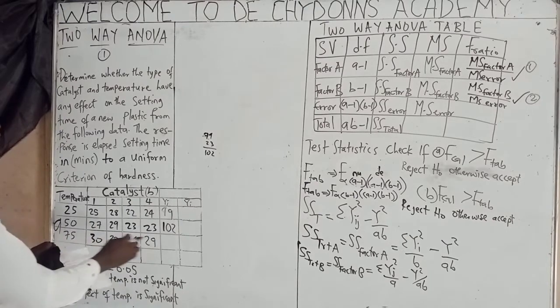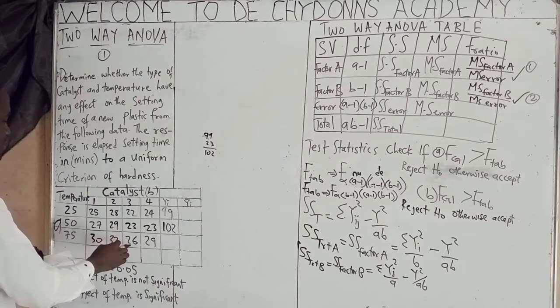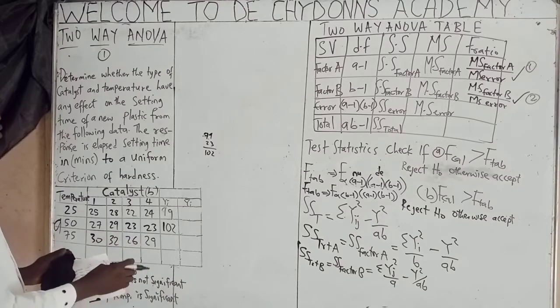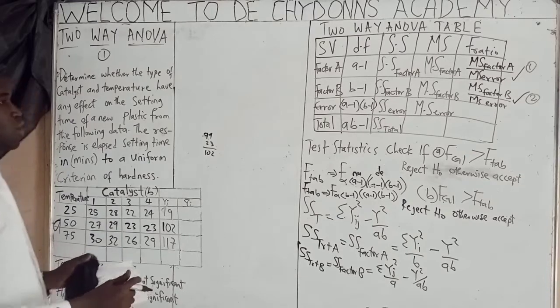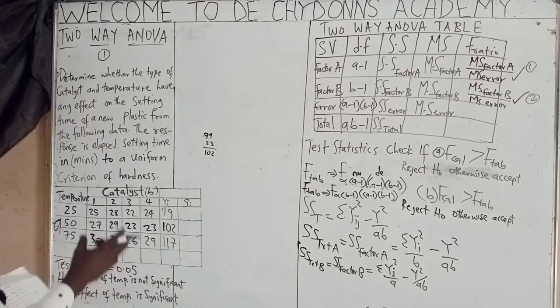Then you add the next one, 30 plus 32 plus 26 plus 29. Once you add it, you'll be getting 117. So that is what you get from addition.